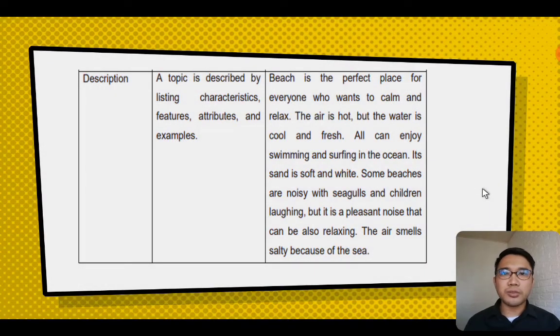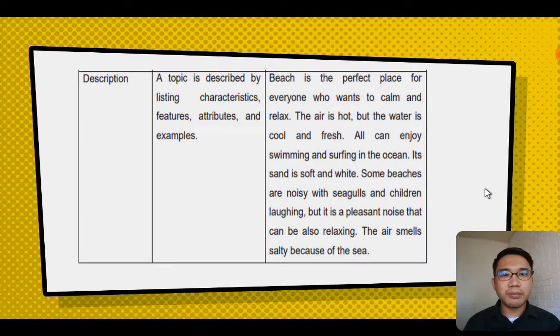Another type of expository text structure is what we call description, and it describes a particular thing, idea, event, or concept. How? By listing characteristics, features, attributes, and examples. And in this example paragraph, we see that a beach is being described here.